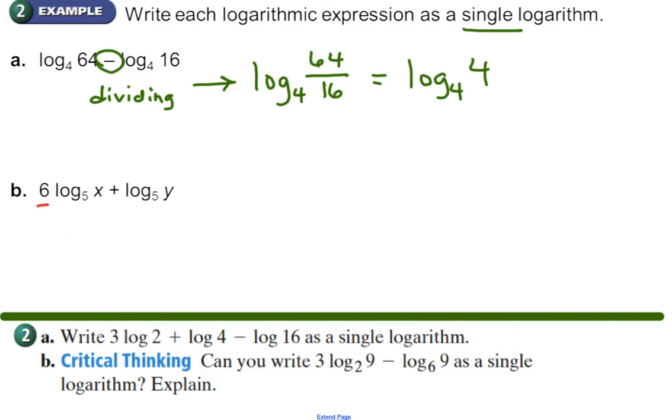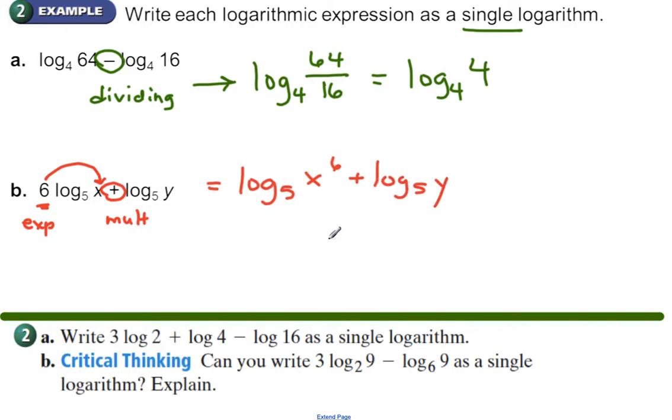Well, this being out front tells us this is going to be moved to be an exponent. This tells us that we are multiplying. So we're going to take this 6 and move it to that base. So that's going to give us log base 5 of x to the 6th plus log base 5 of y.